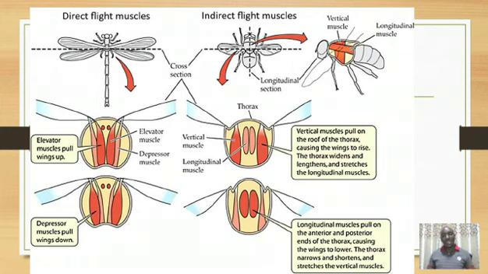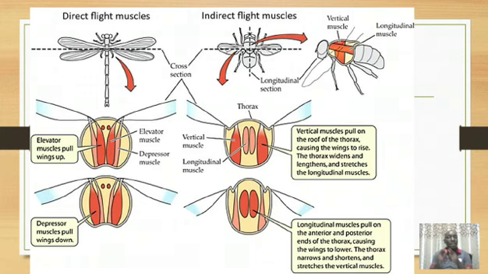Now, that is where the wings are attached. So indirect flight muscles, when they bring about movement of the tagum or the roof of the thorax, it is now the movement of the roof of the thorax that brings about movement of the wings.